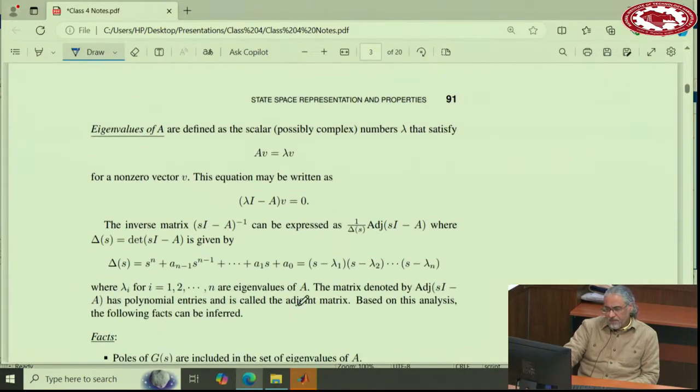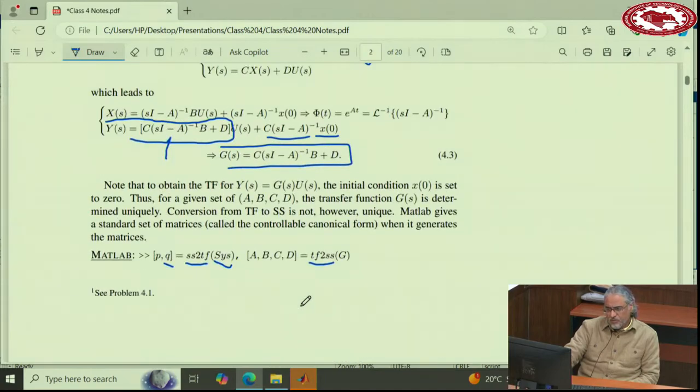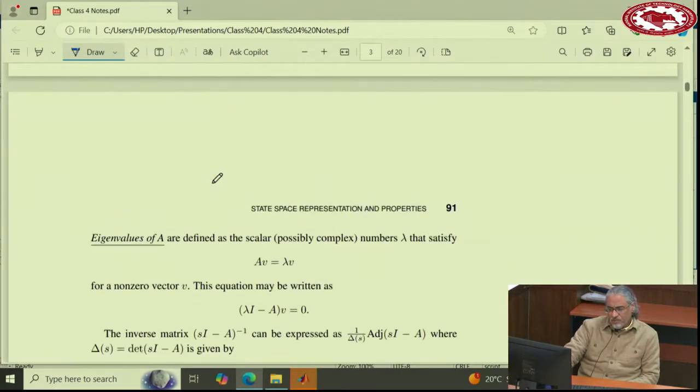Okay. Now, what played the main role in the transfer function was the poles of the transfer function. Here you will see, and I'm going to prove quickly, that the eigenvalues of matrix A play the same important role, and even more. The definition of eigenvalues, you know: Av equals lambda v, where lambda is a scalar and v is a non-zero vector.